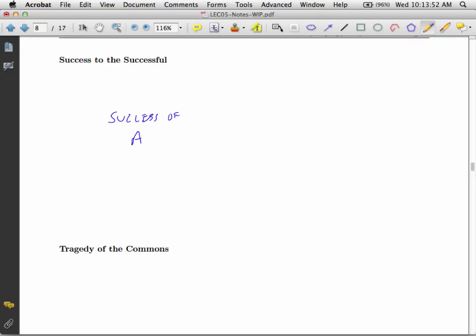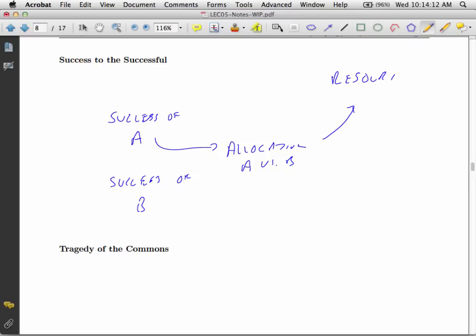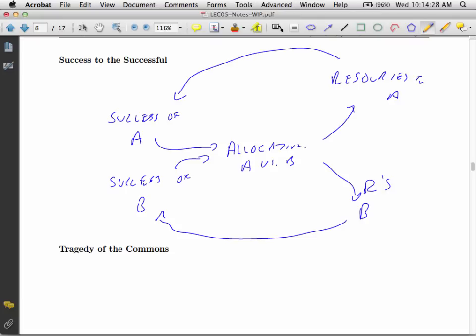We have the success of A and the success of B, and we have some allocation of resources, A versus B. Some resources go to A, and some resources, I'll abbreviate as R's, go to party B. Those impact the success of B, and the resources going to A impact the success of A. Again, these are reinforcing loops, a little snowball: give more resources, more success, and so on and so forth.